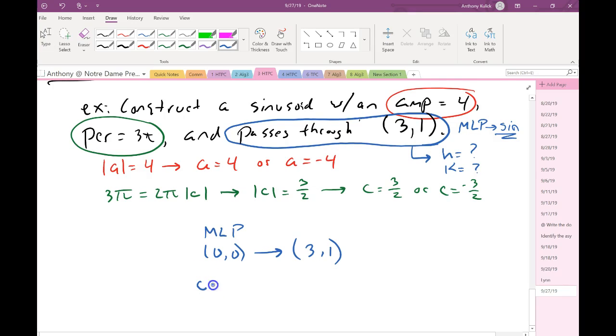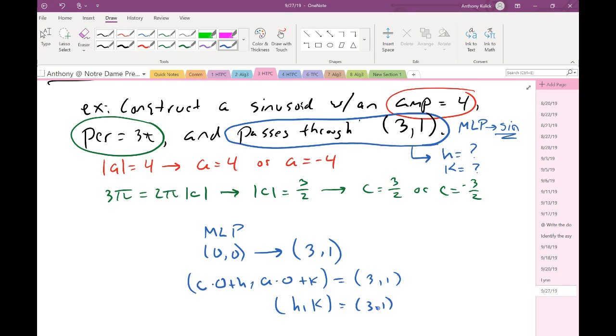So I know that c times 0 plus h and a times 0 plus k have to give me (3, 1). Well, it just tells me that (h, k) is (3, 1), which is the easiest possible situation, right? If all we have to do is pass through that point, I'm going to use the sine function, and immediately that point is my h and my k.